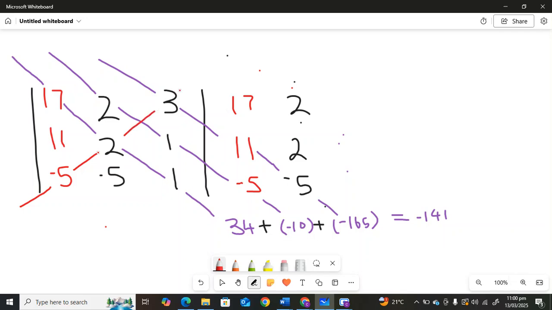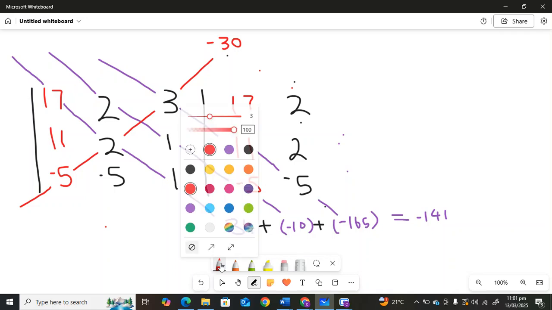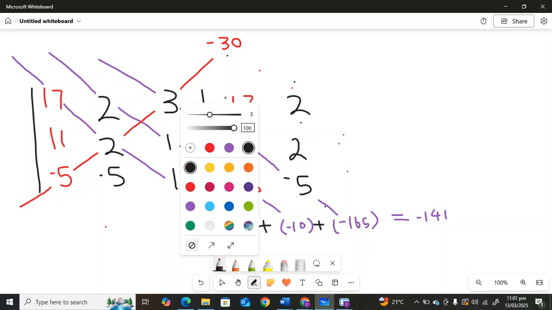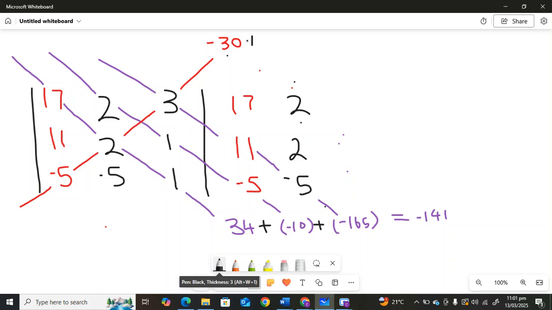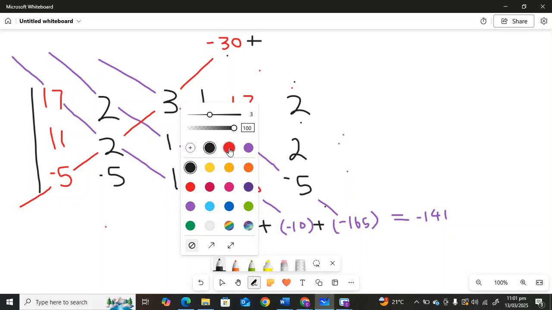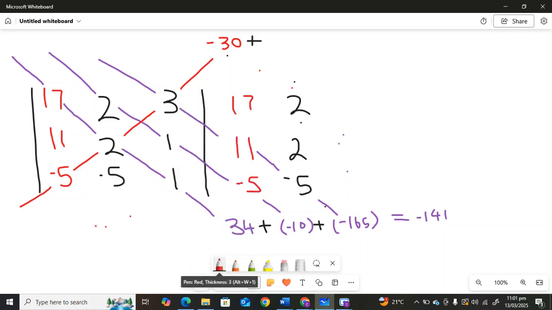Negative 10 times 3, negative 30. Plus negative 5 times 1, negative 5.